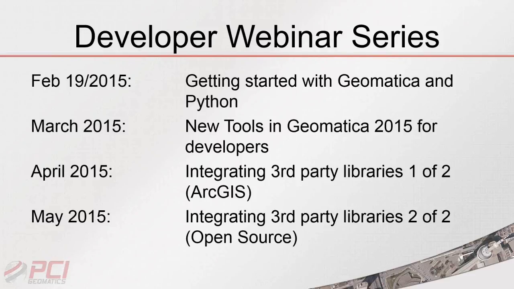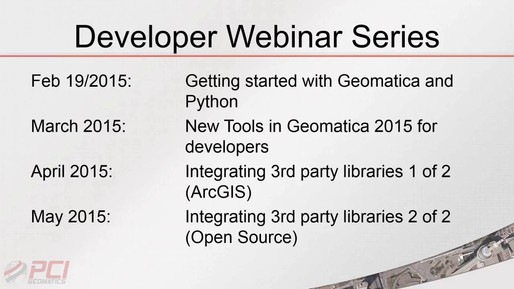So you'll be able to create segments and move things around a little more in depth than you can currently do with the version of Python that's enabled within Geomatica. We'll get into that in more detail and explain the benefits in our upcoming webinar.